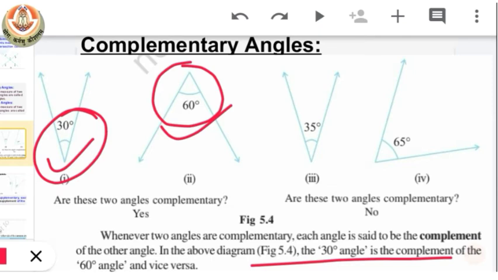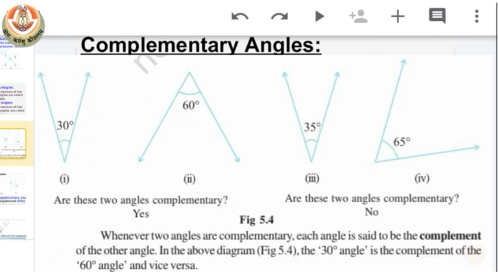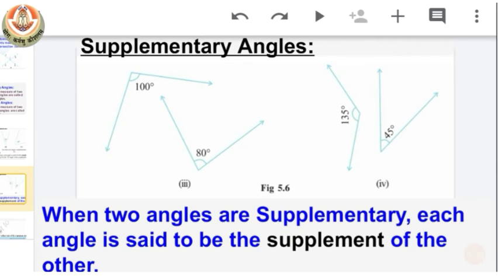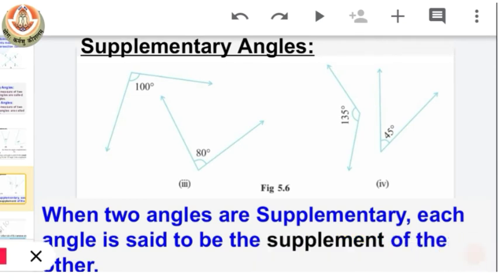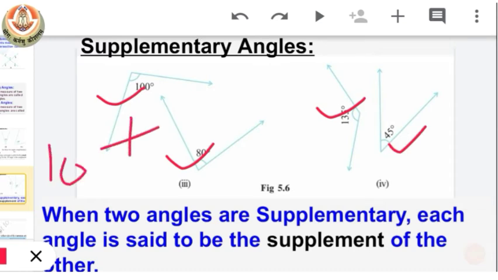Now after complementary, let's focus on supplementary. Here you have two pairs of angles. The first is 100 and 80, the second is 135 and 45. When we add the first pair, we get 180 degrees, because 100 plus 80 is 180, and when we add the second pair, we also get 180.